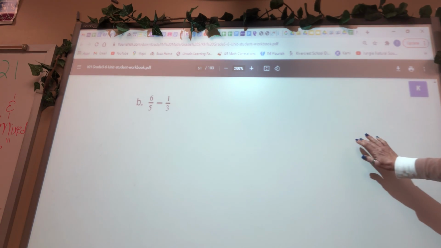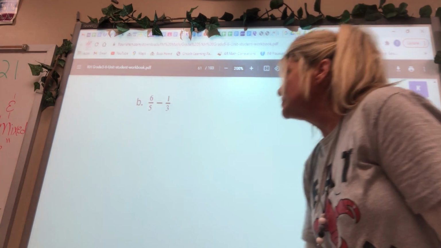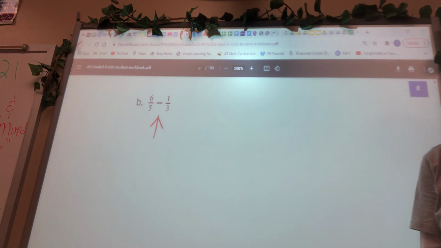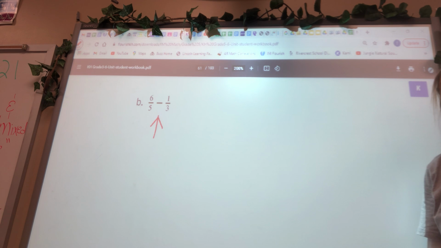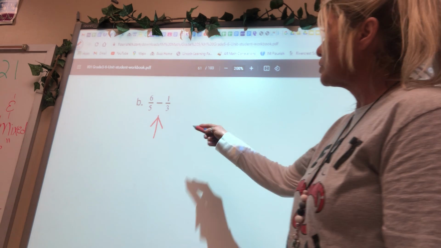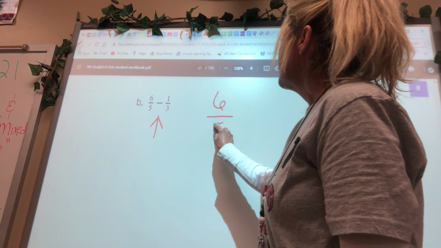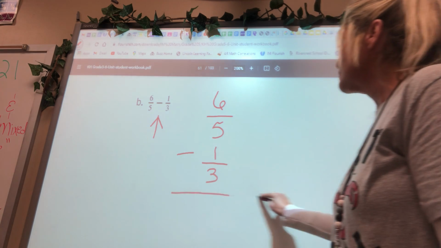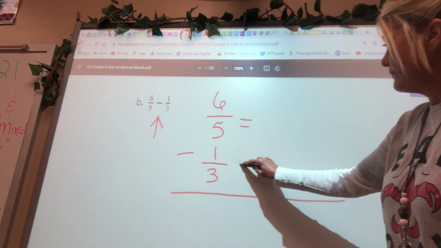All right, now pay attention on the test, please, because it's going to have the answer you would get if you added. But it didn't say we're adding, it says we're subtracting. But do they still need a common denominator? Yes, and what's it going to be? 15.